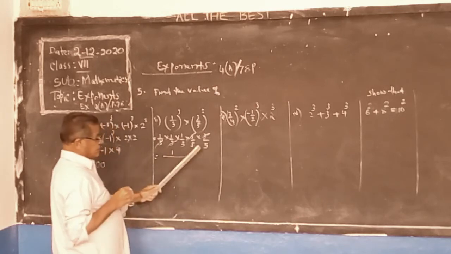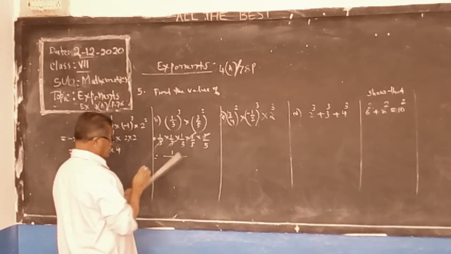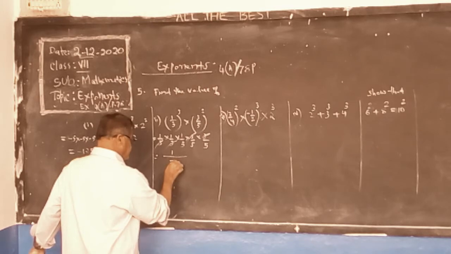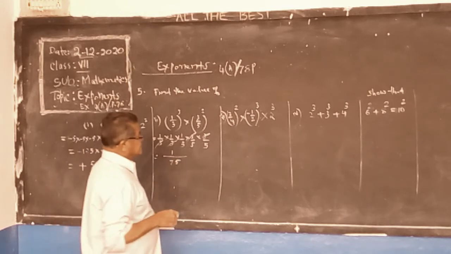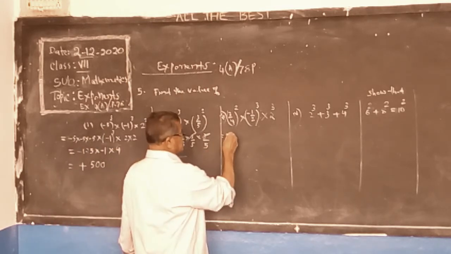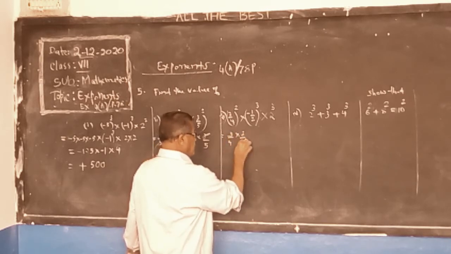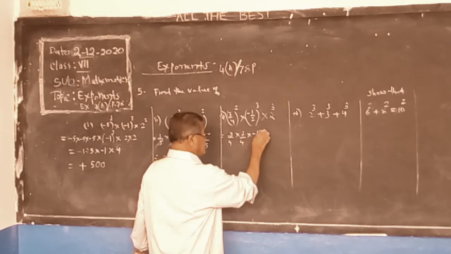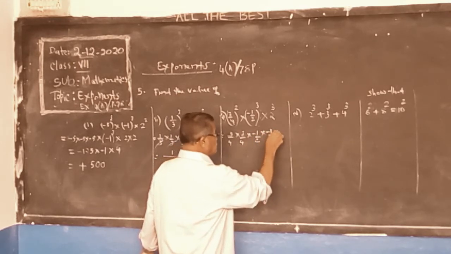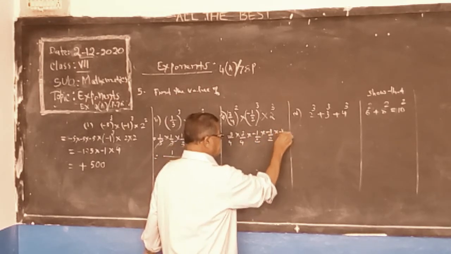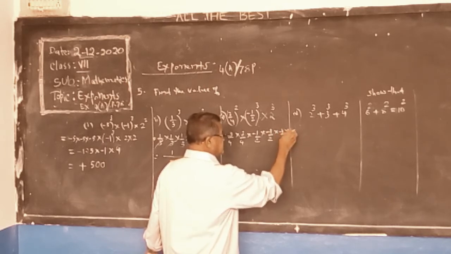In the denominator, 5 5s are 25, 25 3s are 75. 1 by 75. Now, this is 2 times 3 by 4 into 3 by 4 and minus 1 by 2 into minus 1 by 2 into minus 1 by 2, and 2 cube value is 8.